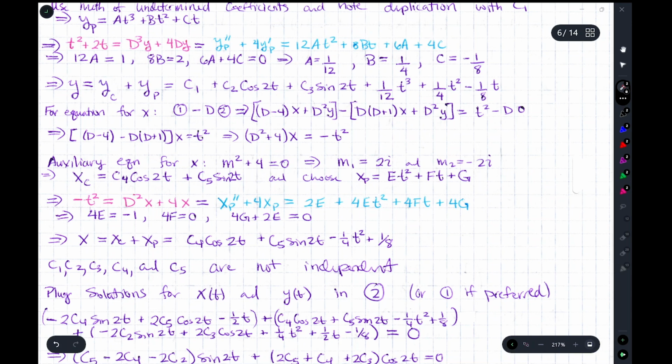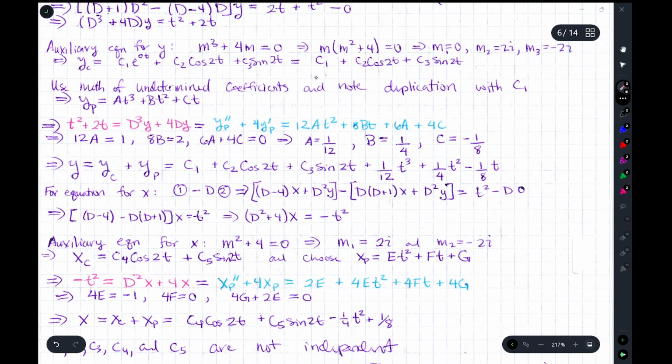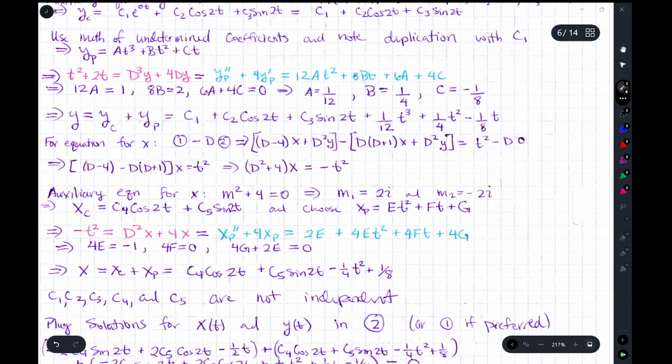Okay, and notice this, we're solving this independent of the previous y. So one doesn't think, hey, I don't want to duplicate the terms of this y particular or the previous. It's completely independent. What you're doing for x is independent. Okay, now we're going to plug our solutions into the equations at the end to reduce the degrees of freedom to show where they depend on each other.